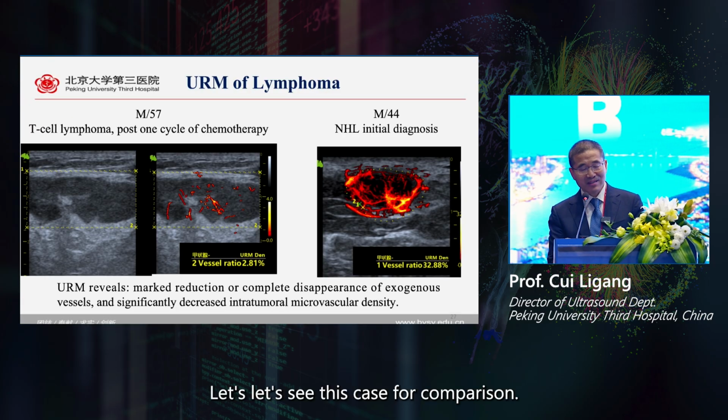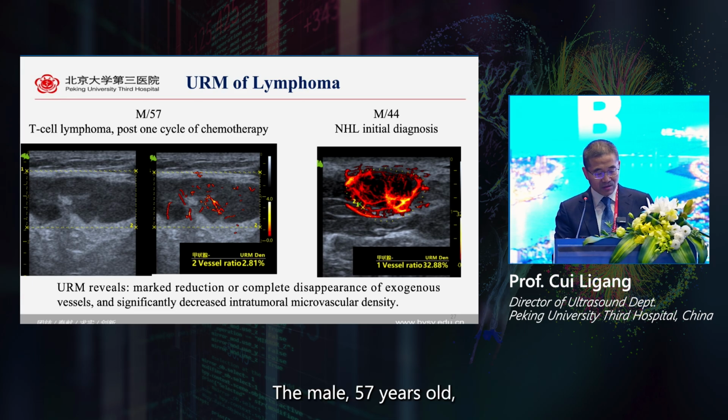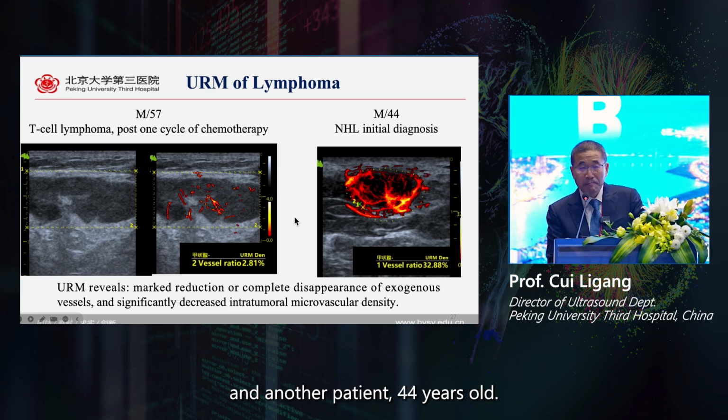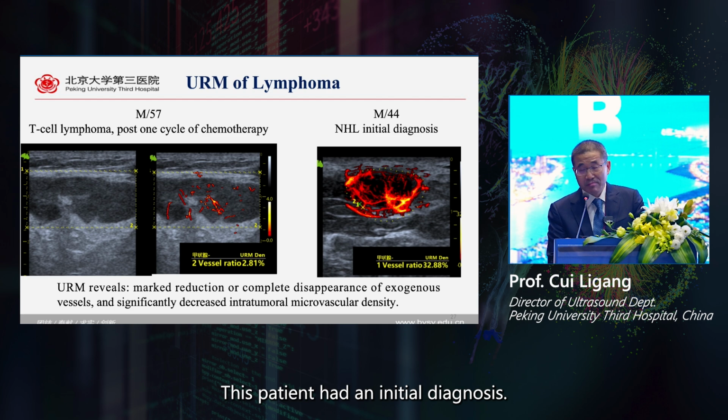Let's see this case for comparison. The male, 7 years old, and another patient, 44 years old. This patient received 1 cycle of chemotherapy, this patient is at initial diagnosis.